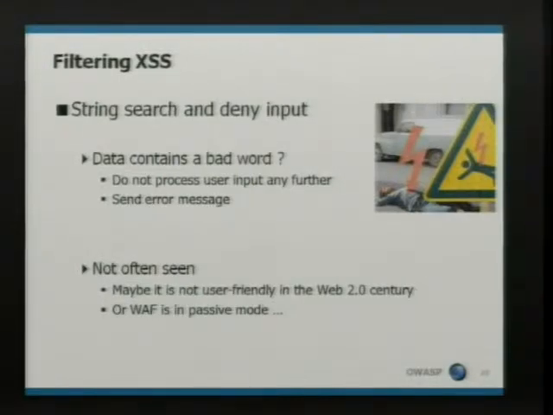This means if the data contains a bad character or bad word, we do not process the user input further. We just send an error message, or if we are relying on the .NET framework, we get an HTTP request validation exception. This is something that I do not see quite often. I guess this is not very user-friendly, and I also saw some web application firewalls that were only in passive mode, but this is just a joke.